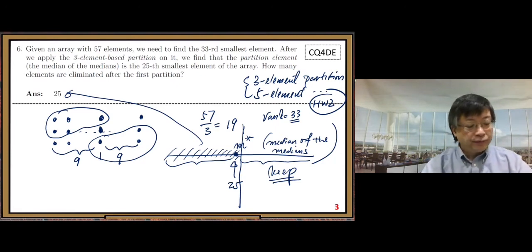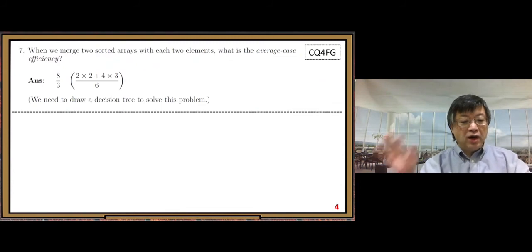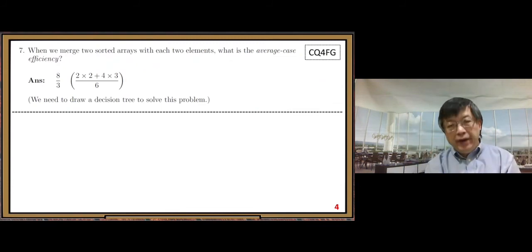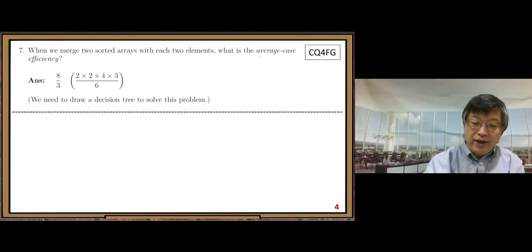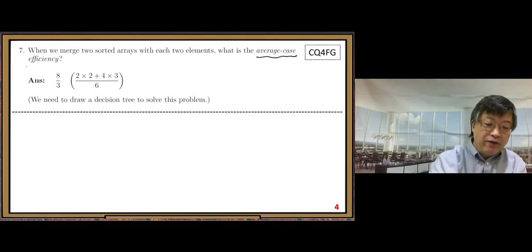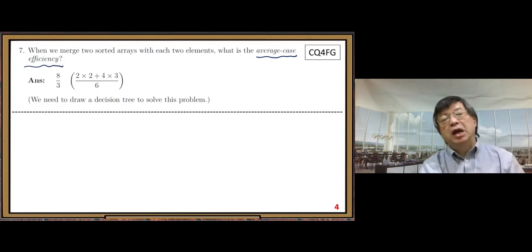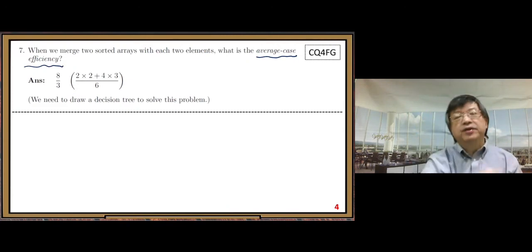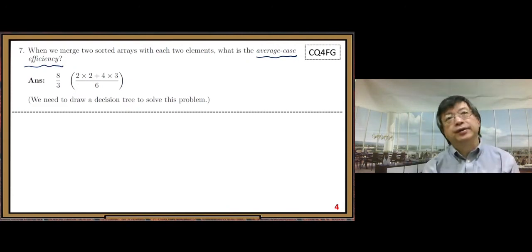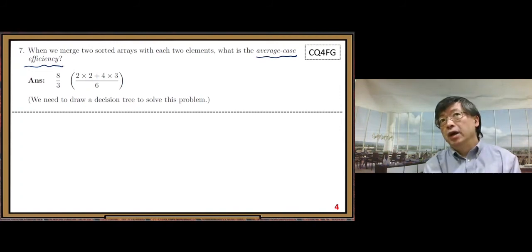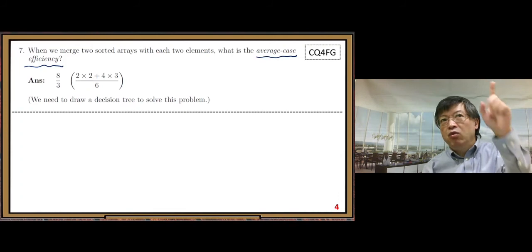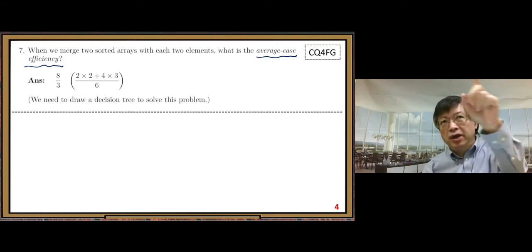The last question of this part, another average case efficiency question. Usually a question like this is relatively hard, but this concept is so important. So I plan to give you one question in this topic in the final.